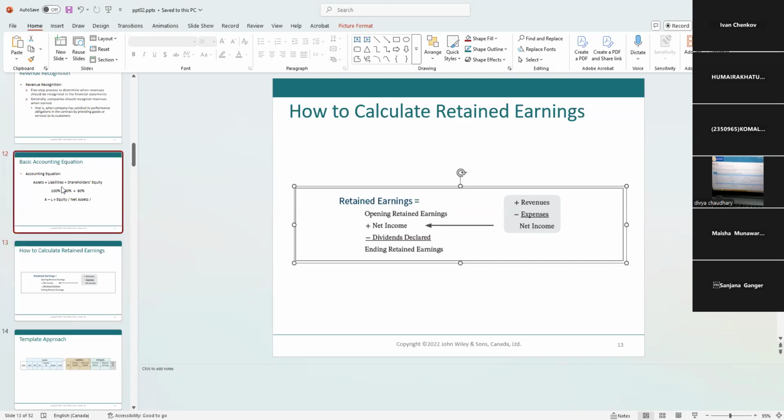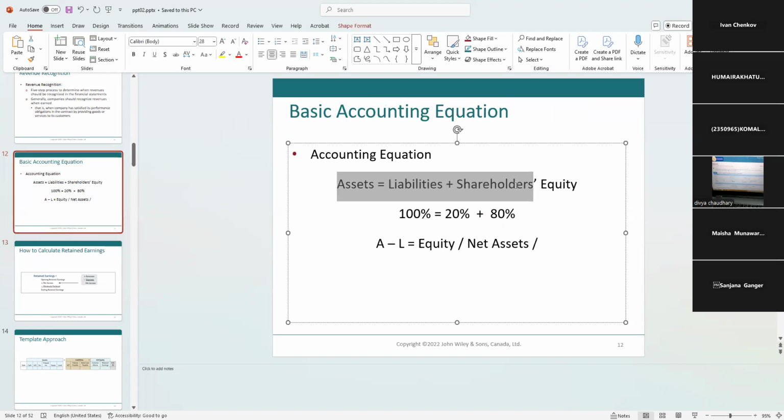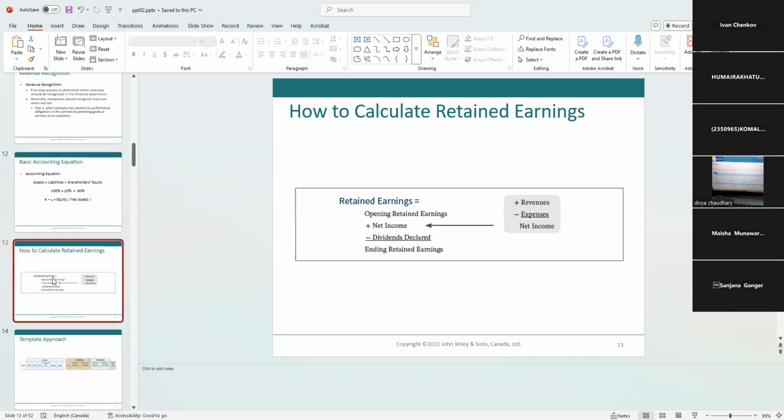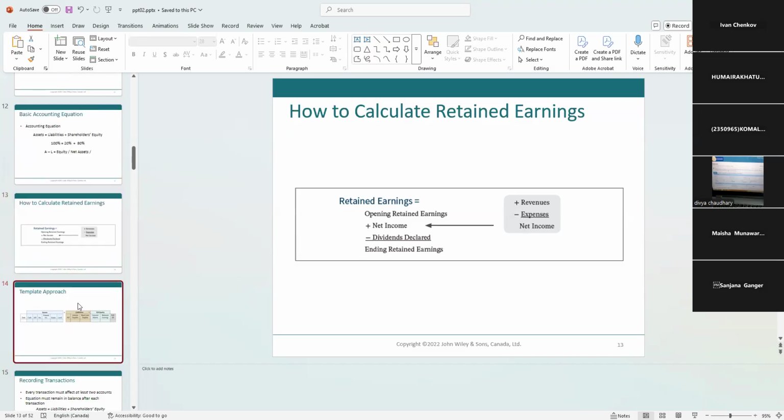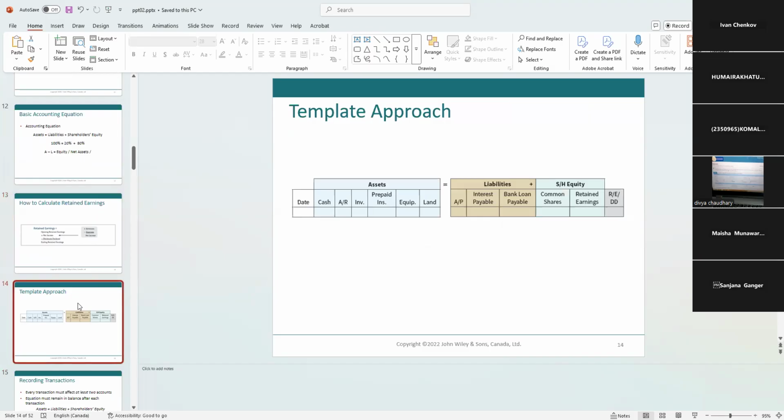So once we know that we have to keep the accounting equation in balance, once we know how to calculate the retained earnings, and once we know how to calculate the net income, we can start working on our question today, for which I want you to use the template, which I show you on the right space.